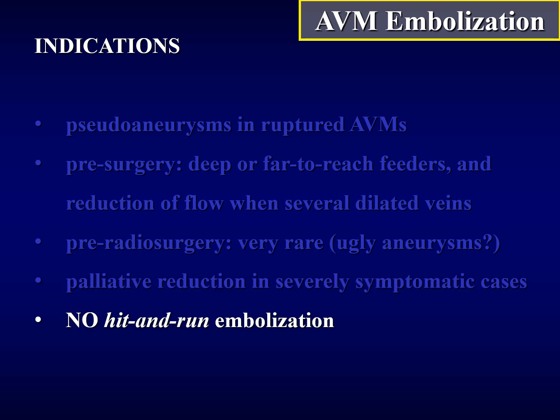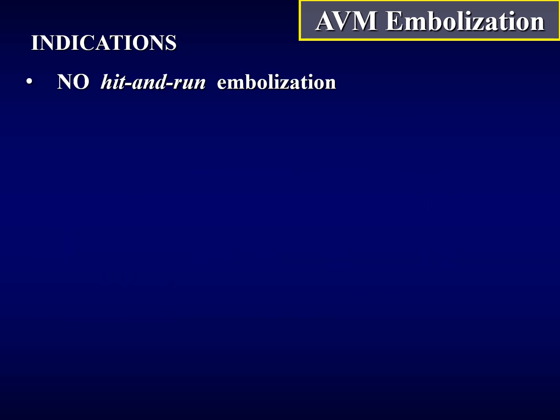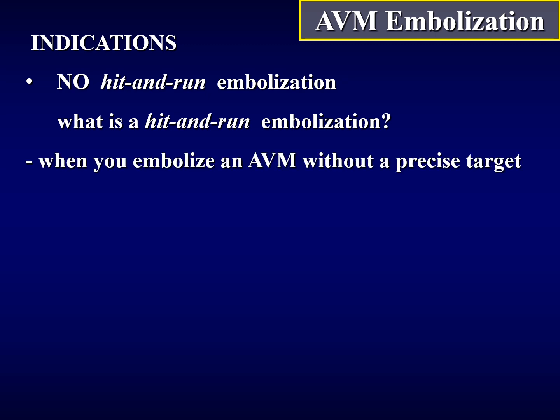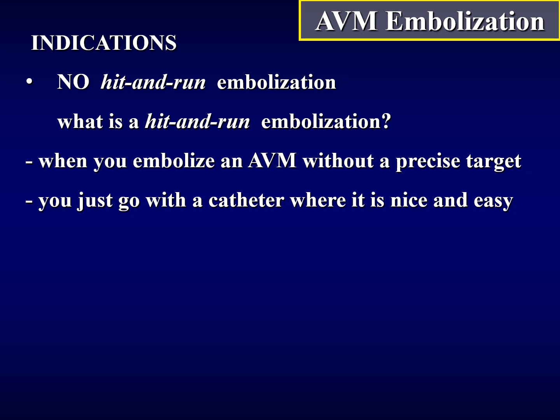But what you should not do is what I call the hit and run embolization. So what is a hit and run embolization? It's when you embolize an AVM without a precise target. You just go with a catheter where it is nice and easy.